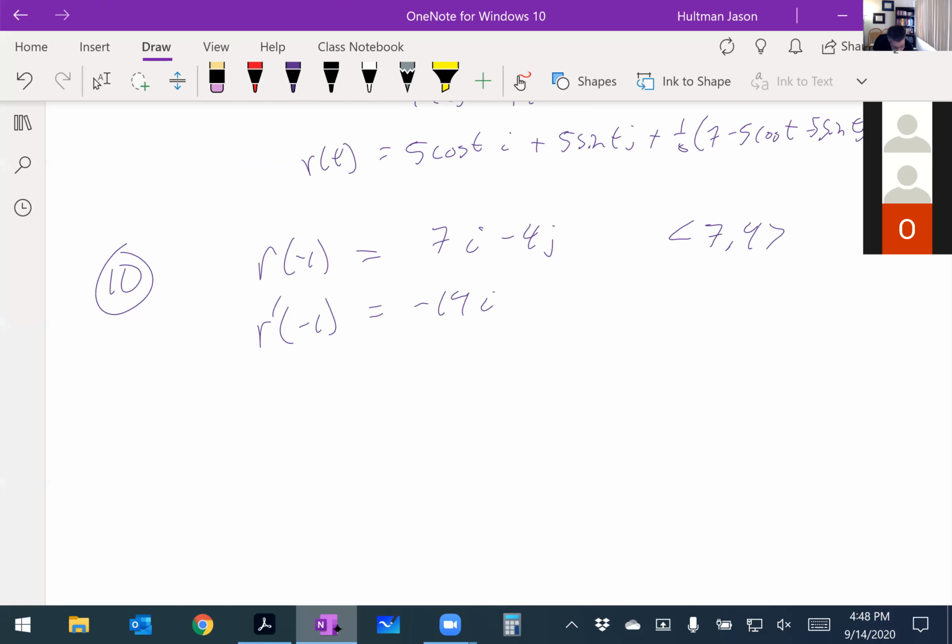Is that right? This is -14, 12. We have r of t equal to 7t squared i and then 4t cubed j, right?